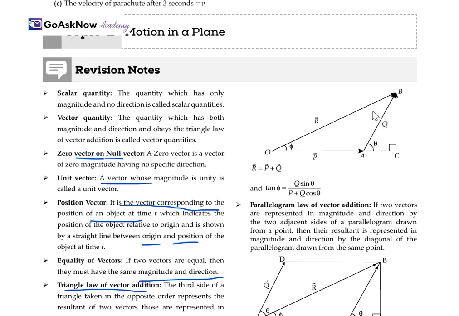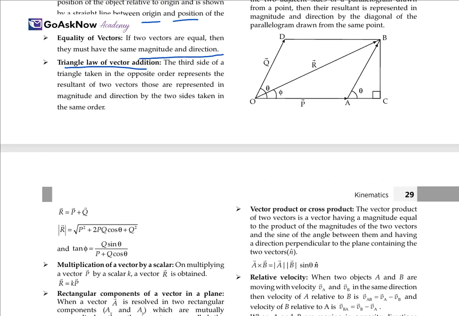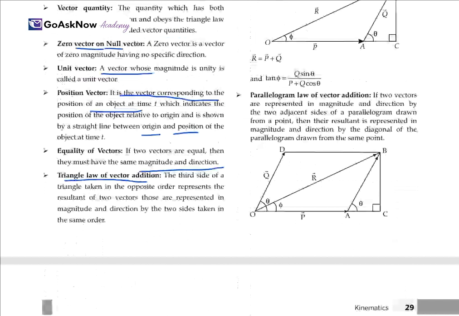Moving to the multiplication of a vector by a scalar. A vector A is resolved into two rectangular components. Like we'll just divide this A into rectangular components. Vector A has been divided into two parts.